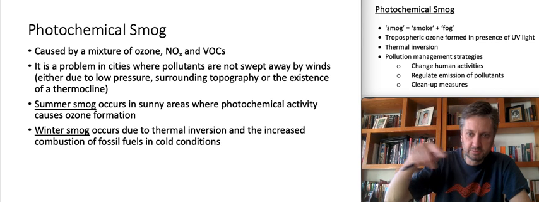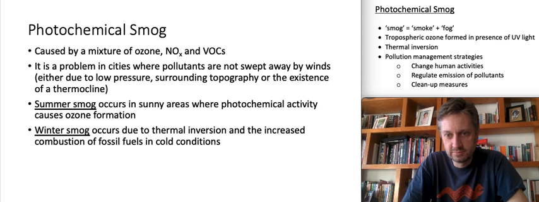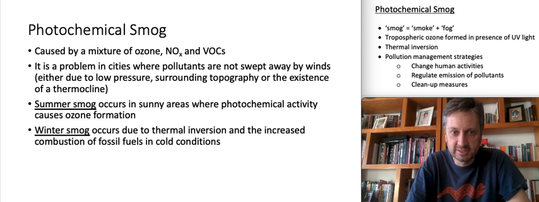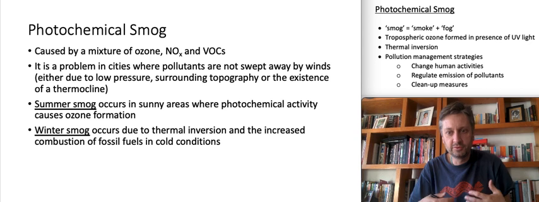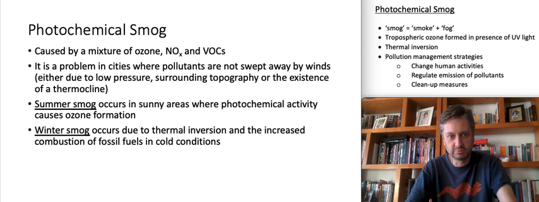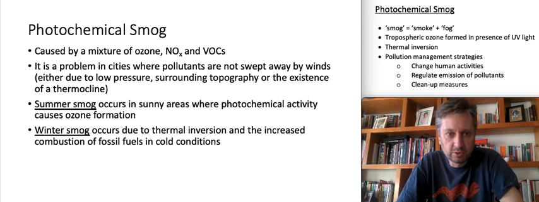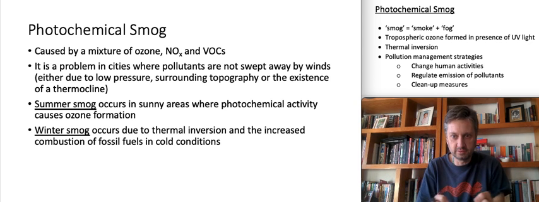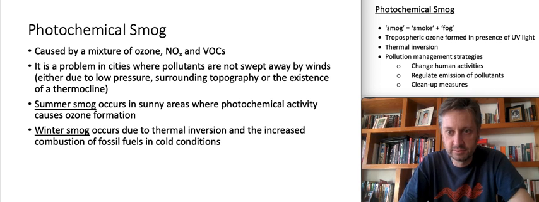Mexico City is surrounded by extinct volcanoes and mountains, so there's usually very little wind across the city to sweep these things away. And therefore we associate it with two different types of smog. Summer smog occurs when there's a lot of heat and light that forms ozone in the first place.